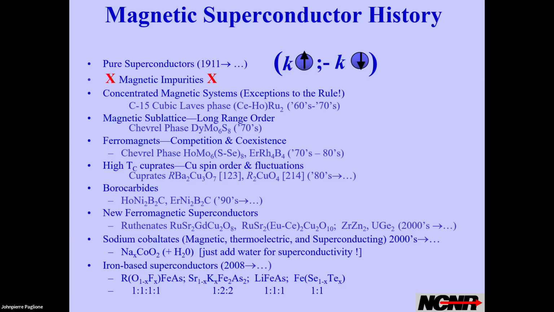They're very tiny samples, very high pressures, very difficult to do. Okay, so I'll give you a couple of examples of ferromagnetic superconductors. One, erbium nickel boron carbide, and then we'll go on from there.